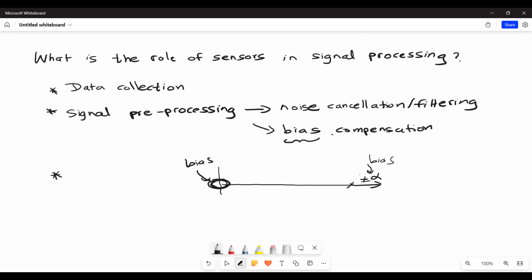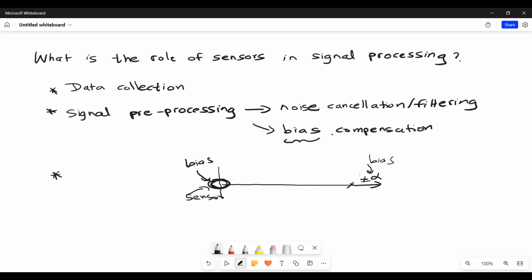Bias compensation means that most sensors have an inbuilt bias in the measurements that they make. When a sensor makes a measurement, it adds this error to all the measurements.